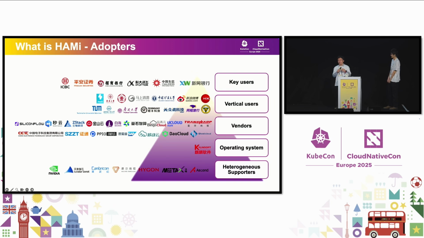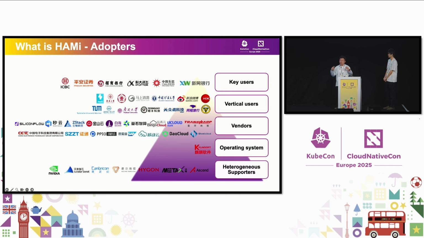In China and around the world, many vendors also build HAMi into their products, such as DaoCloud, Silicon Cloud, and UCloud. UCloud is China's biggest neutral cloud provider. Some users also use HAMi to solve low GPU utilization.